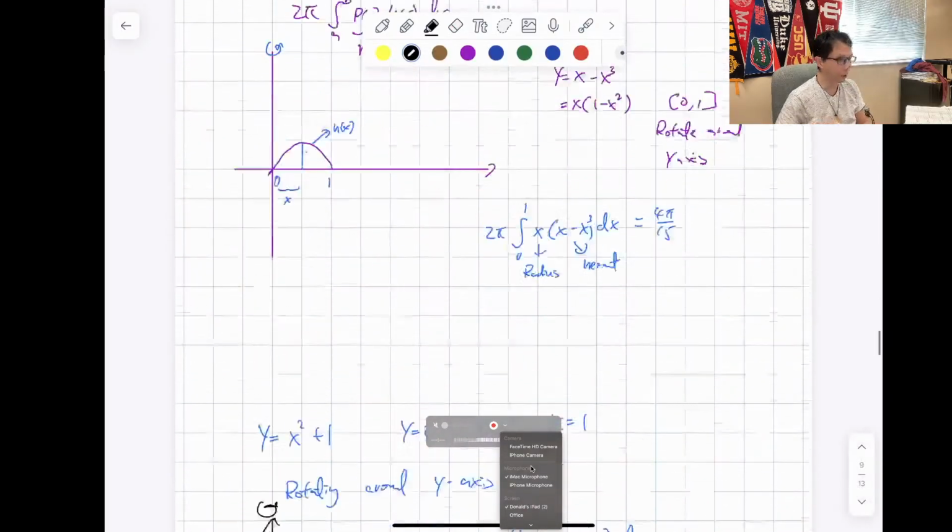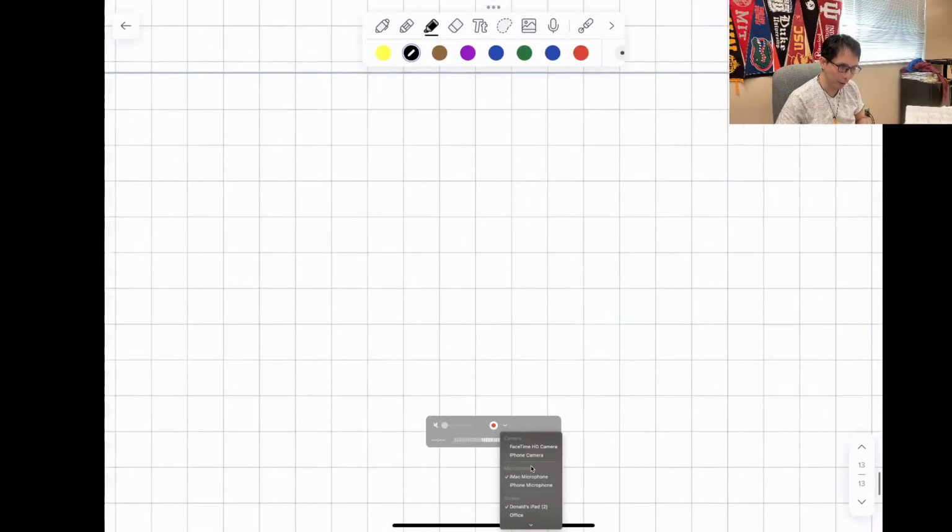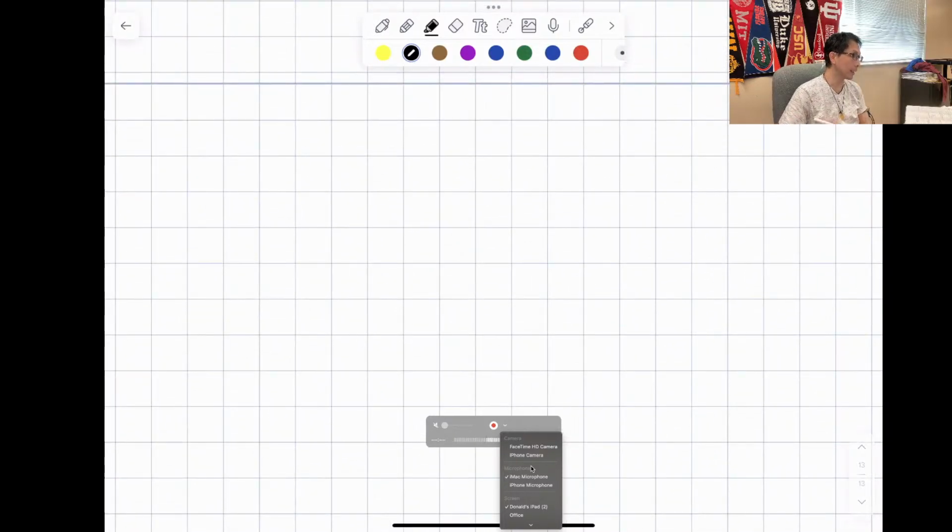All right, so what we're gonna do is we're gonna talk about all the properties that you need to know, but there are a couple that are more important than the others. This one's super easy. It's the integral from a to a of f of x.